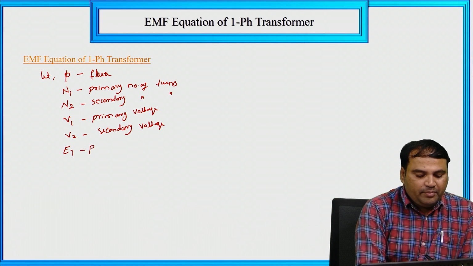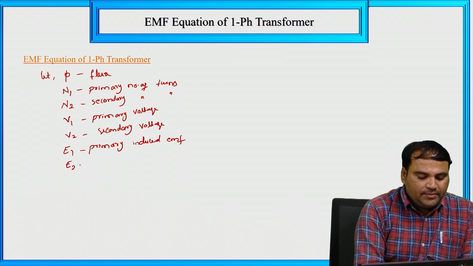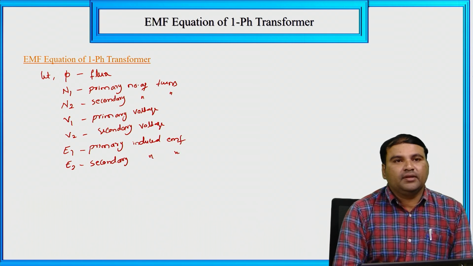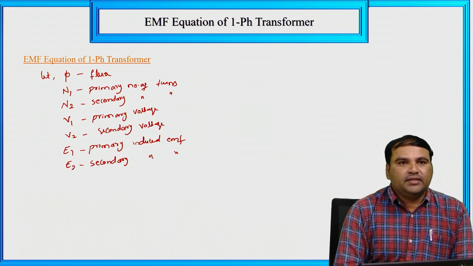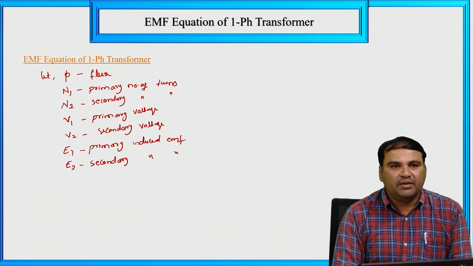E1 is the primary induced EMF and E2 is the secondary induced EMF, right?